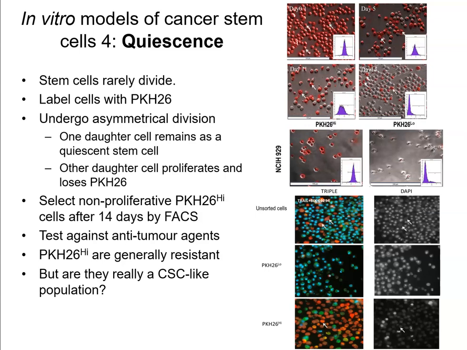And what we find is that if you start off with a population of very red cells and follow them over the course of a few weeks, you end up with a population of cells which have lost all of their red colour because they've been dividing like every 24 hours, and then you've got other cells which have not divided at all within that time period.